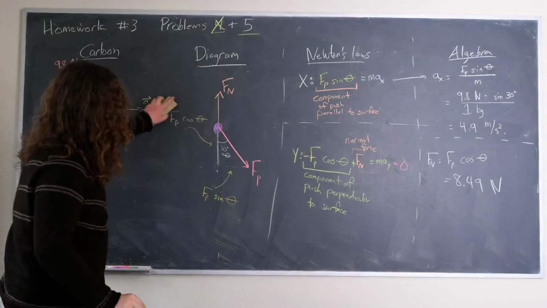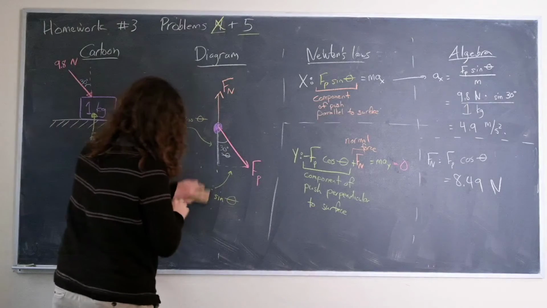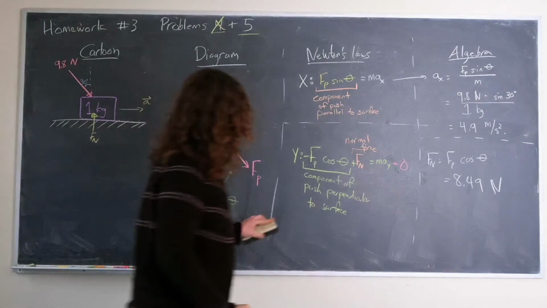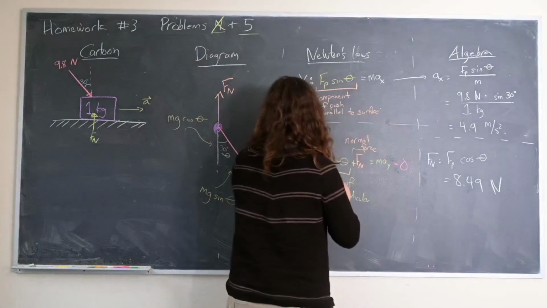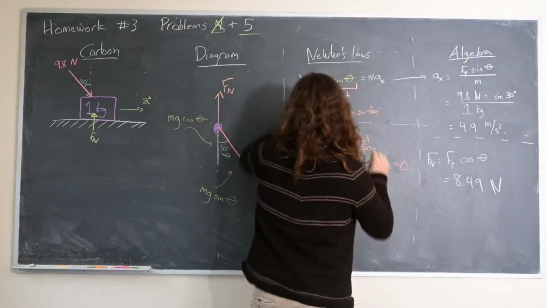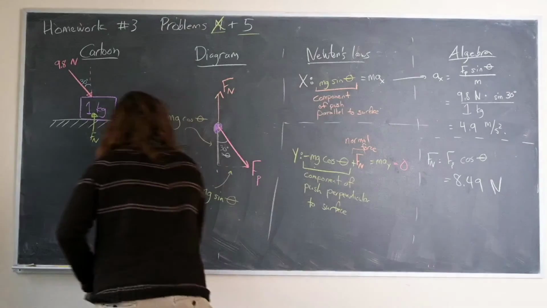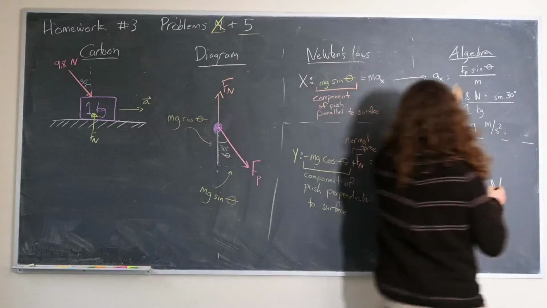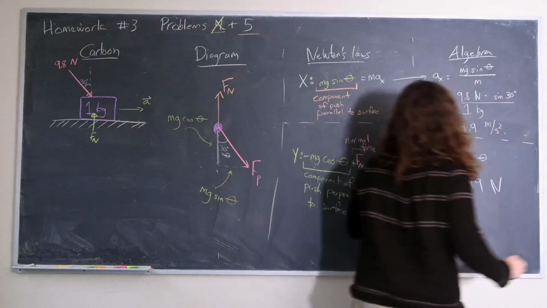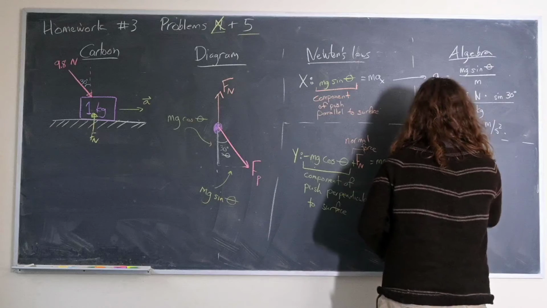Ready? So the push force rather than Fp is now gravity. Now it's not a mysterious push in space, it's Earth's gravity. But its magnitude is still 9.8 newtons. Right, all I'm doing is I'm changing the push force to mg.